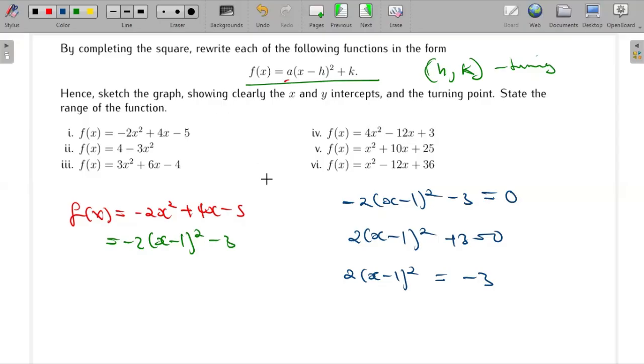Okay, exactly. So when we further divide, you get x minus 1 squared equals negative 3 over 2. Now when you introduce the square root there, this gives you what? A complex number.